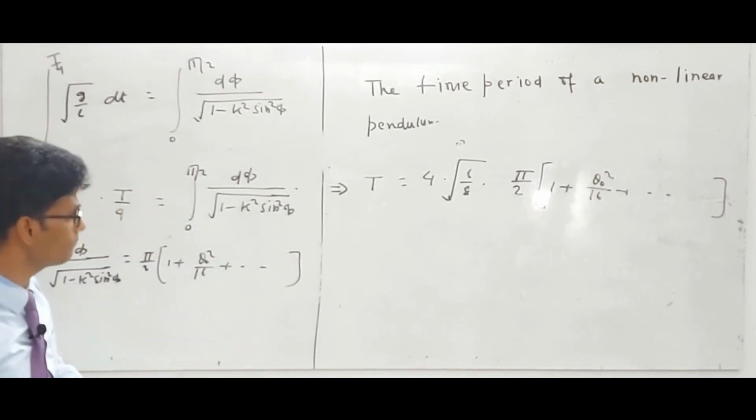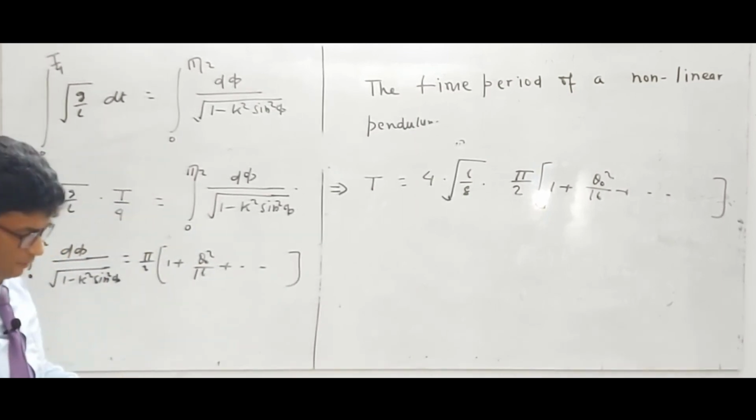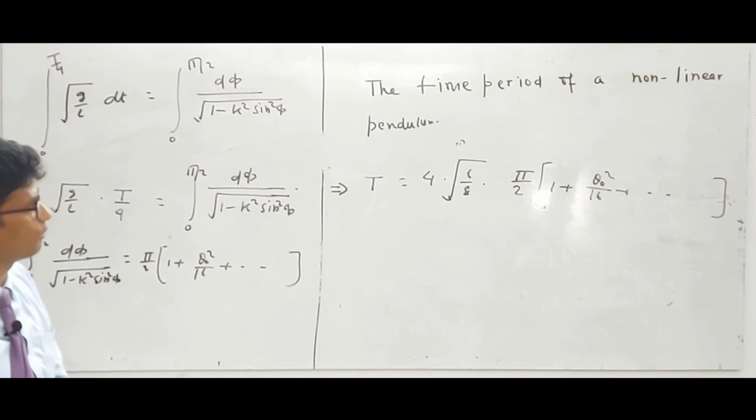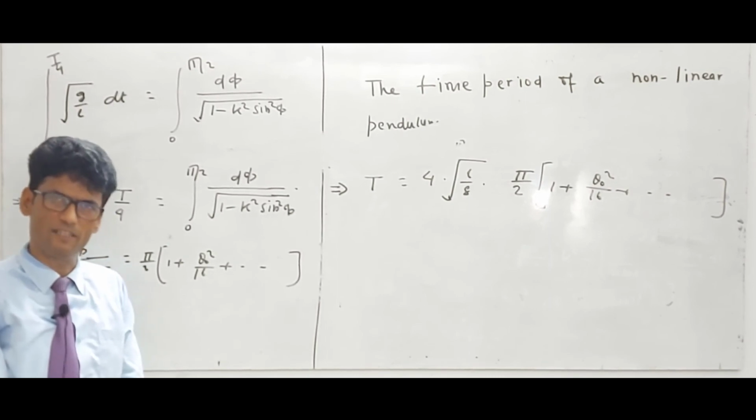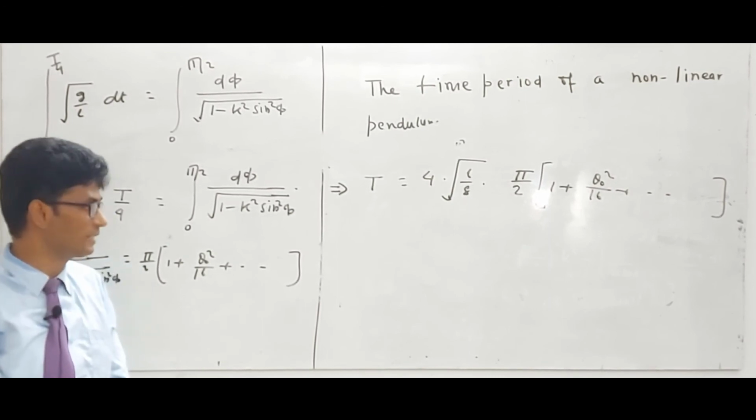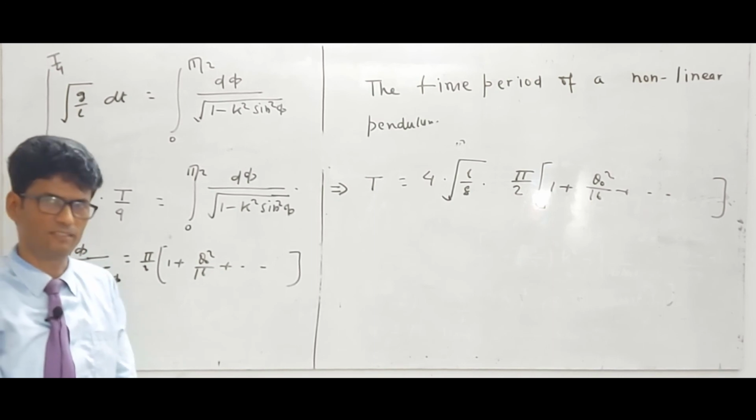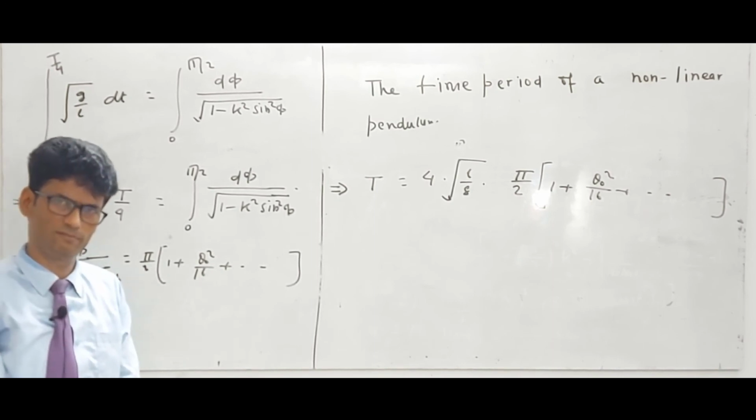But right now, look at our famous result in the case of the linear pendulum, that is, when the length of the pendulum is very, very much less than the radius of the earth. In that case, we take theta naught tends to 0, the limiting case.